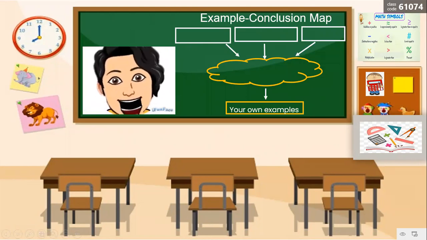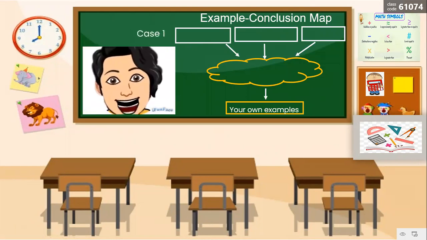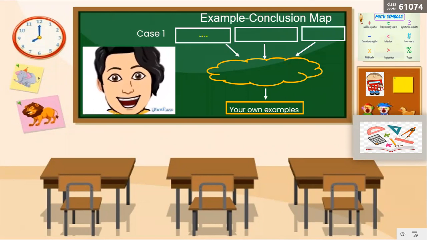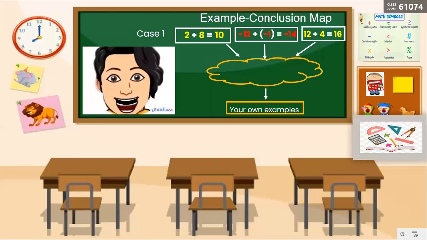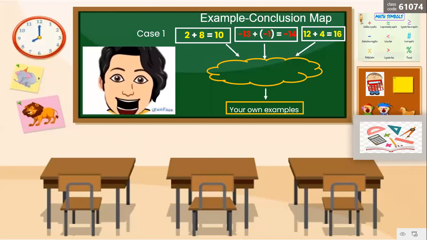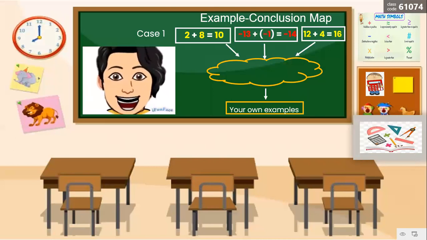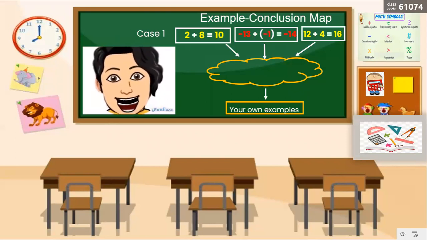Let's have case number 1. Here are the examples. First, second, and third example. Take note, if the given number doesn't have any sign, then that number is considered as positive. In the first example, we have positive 2 added to a positive 8 equals positive 10.